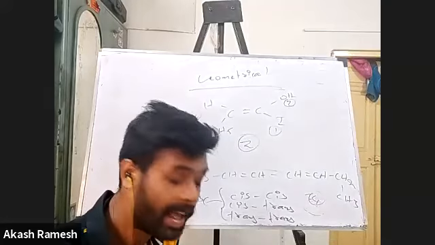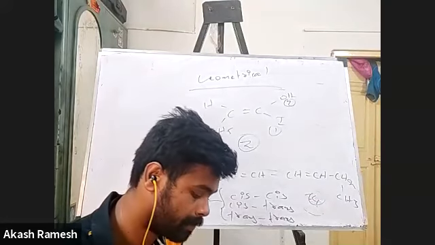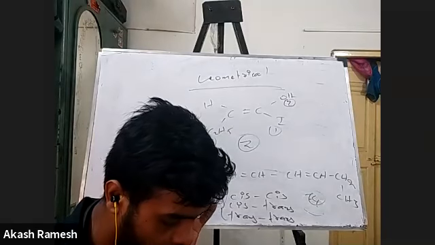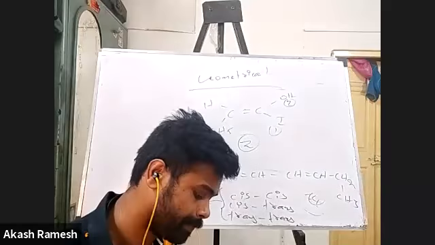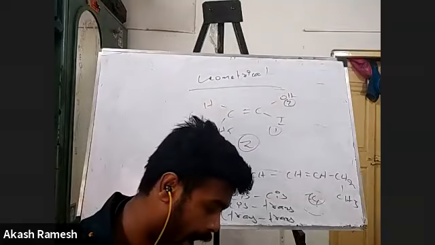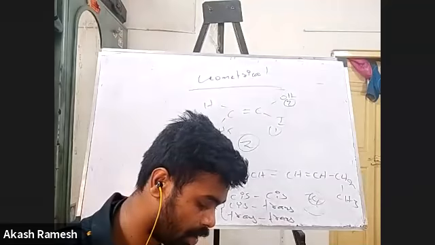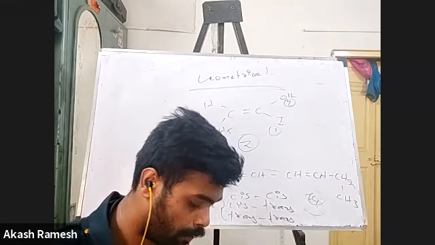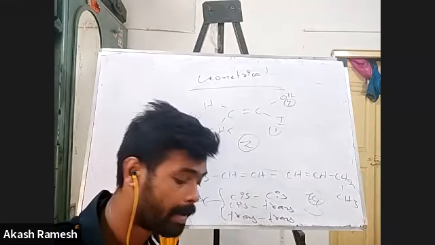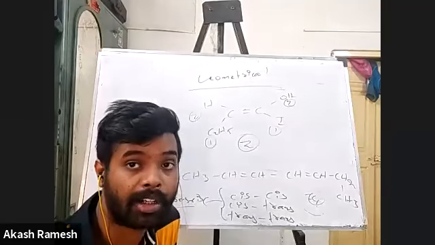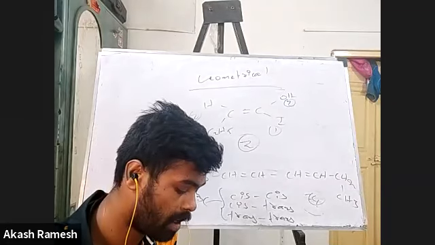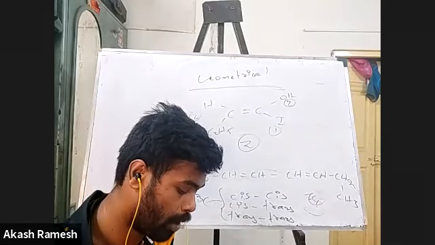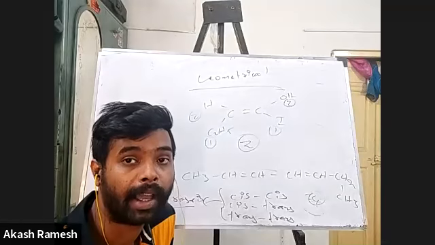How many alkene isomers are possible for C5H10?